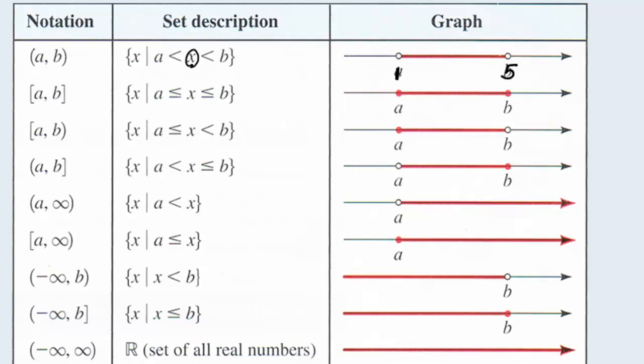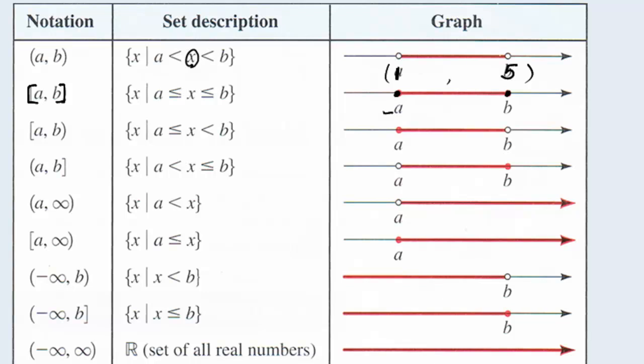Of course, I write an open parenthesis here, comma, open parenthesis here, because these numbers are not included. The same way, if the numbers are included, I have a dark circle. Then in interval notation, I write it like this: a closed bracket around the endpoints. And I'm talking about all the numbers from a to b. Here, a and b could be any real numbers.